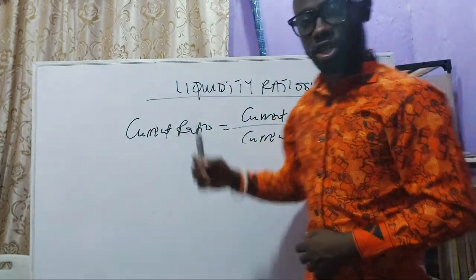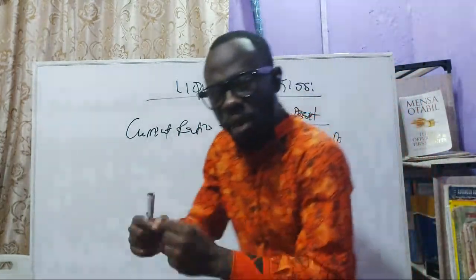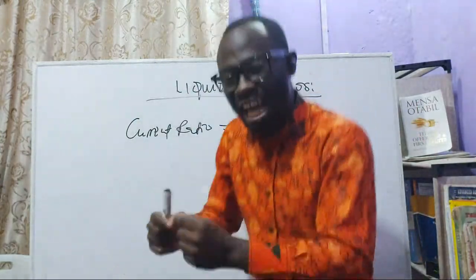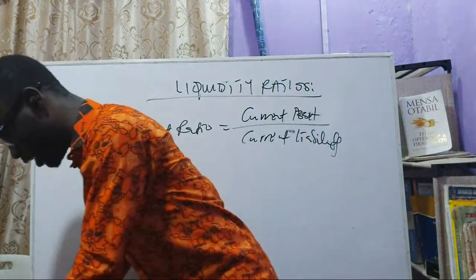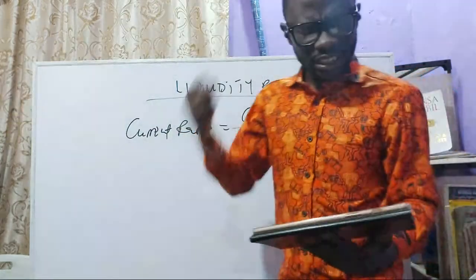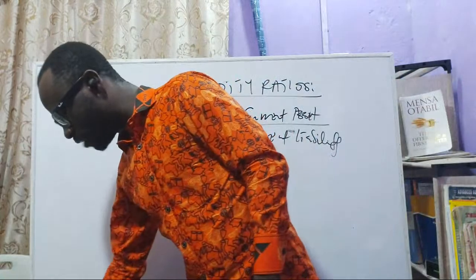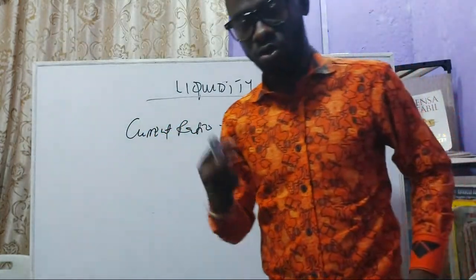That is what the current ratio assesses. If we are to pay them today, right now, can we really pay them? That is the current ratio, and that is what it is talking about. So the company's ability to meet its short-term debt as and when they fall due.